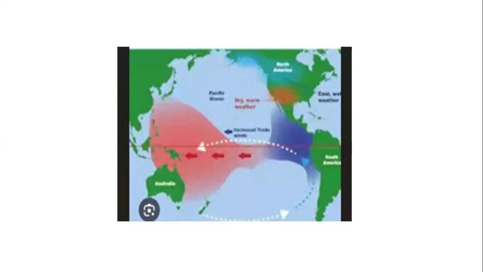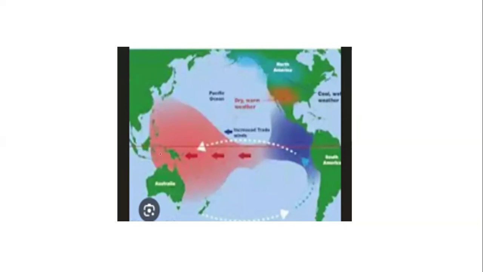Even the temperature in the Indian Ocean develops warm conditions, and this gives a boost to the Indian monsoon as well. So plentiful rainfall occurs, and even flood-like conditions develop in the western Australian pool region.